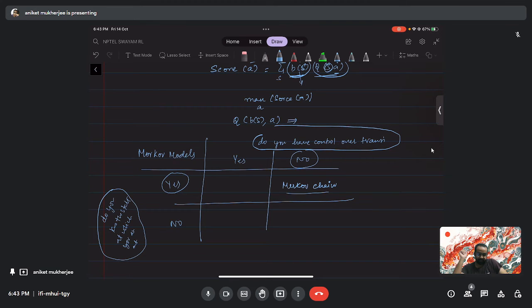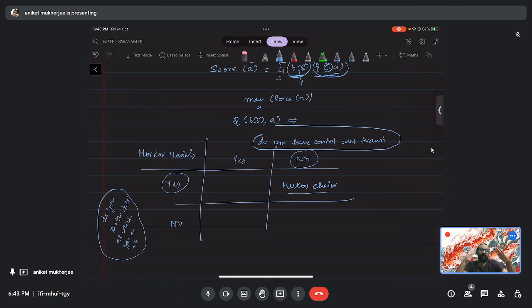This example, I think I've given one to you also. State transition, just transition. If you're in state 1, it will go to another state, irrespective of what action. There are no actions. Markov chains are basically MDPs with deterministic actions.